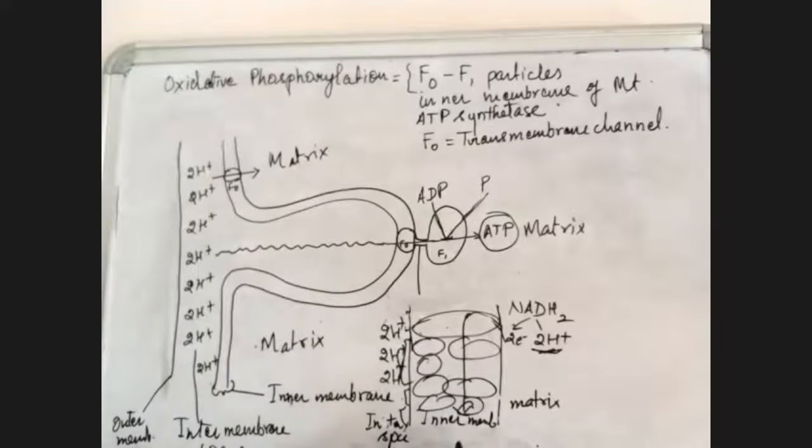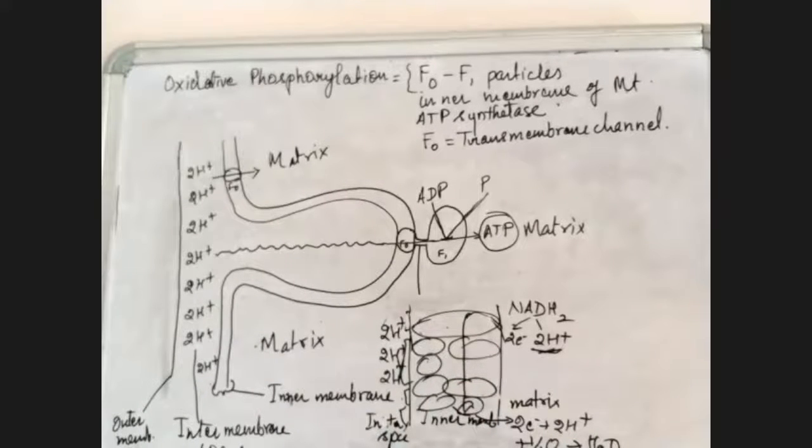When it reaches the last complex, complex A1, after that it enters the matrix. In the matrix, it combines with a proton, and also with half O2, forming water. Water is formed as the electron moves down the complexes.